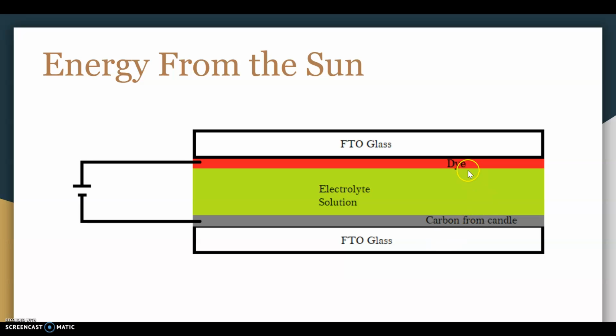On each side there is a dye and carbon layer. The dye is what harnesses the energy from the sun, or the photons from the sun, and carbon acts as a semiconductor. As photons from the sun hit the dye, they excite electrons.